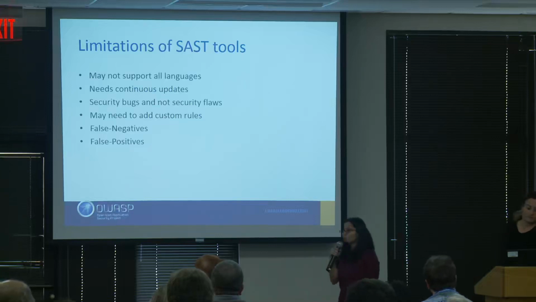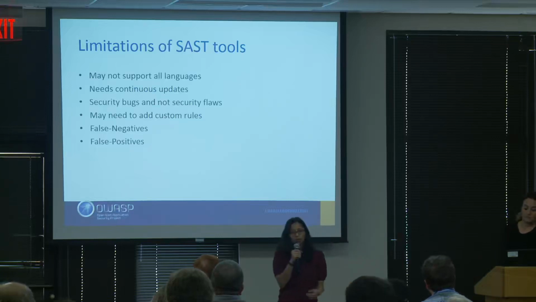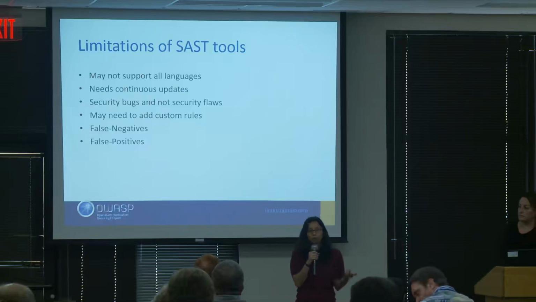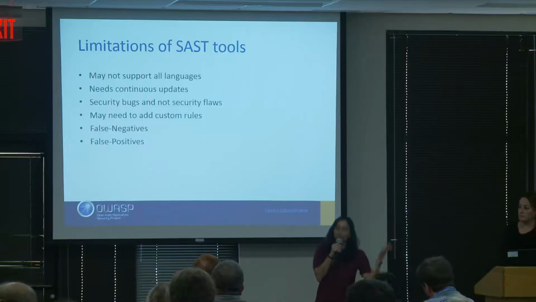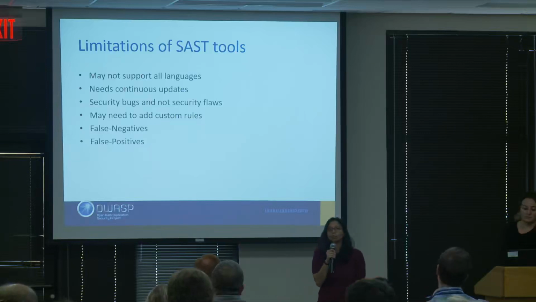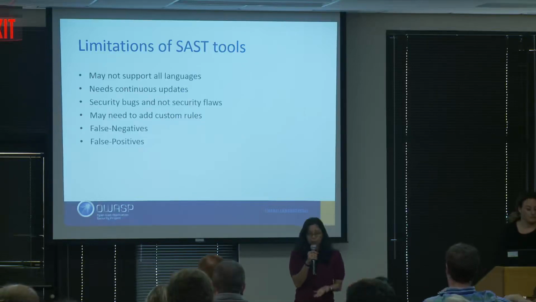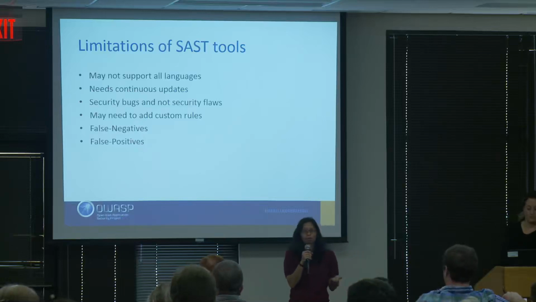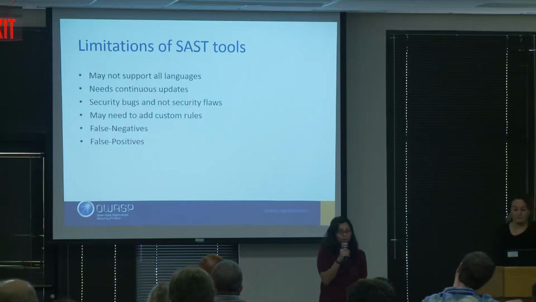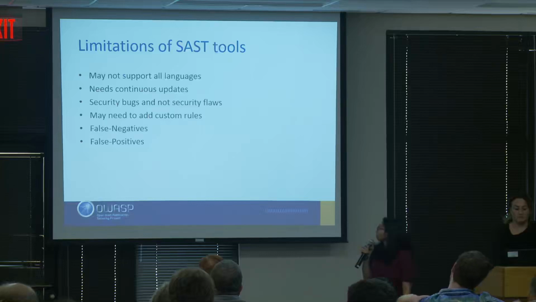They can have some false negatives. So you may have some bugs in your code which may not be detected by SaaS tools. And again, there could be a lot of bugs that get detected, but they may not be true problems in the real world. So when you're going through these false positives, your actual problem may get lost, right? That certainly could happen.